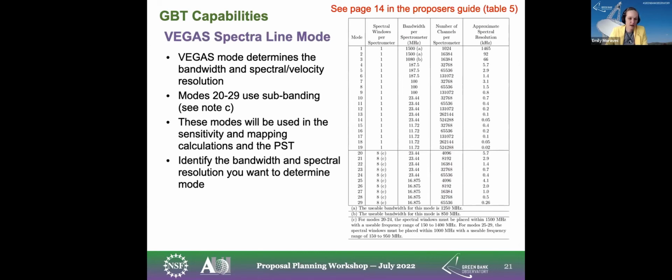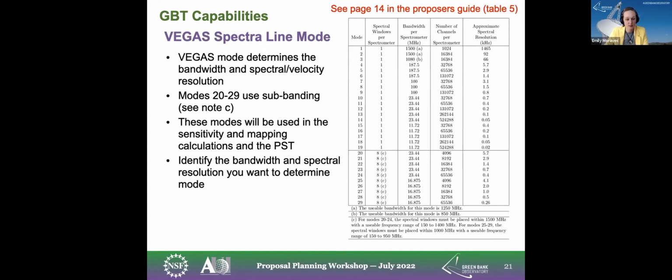So for Vegas, there are different spectral line modes. Again, you can see this table in the proposer's guide. And the Vegas mode determines your bandwidth and your resolution. So yeah, there are 29 modes. Each mode corresponds to a different bandwidth and resolution.